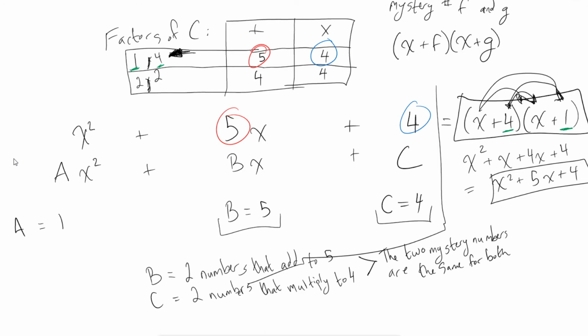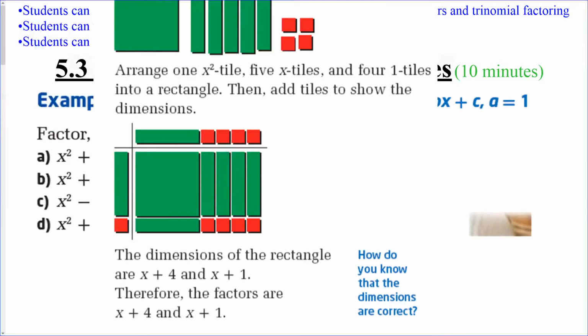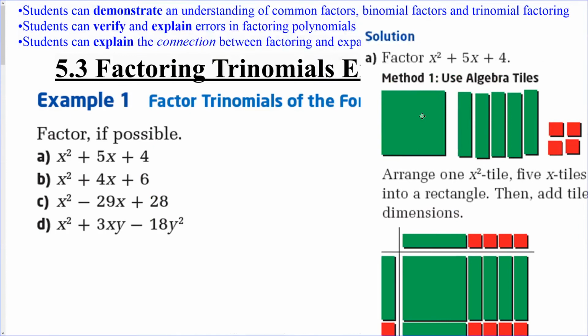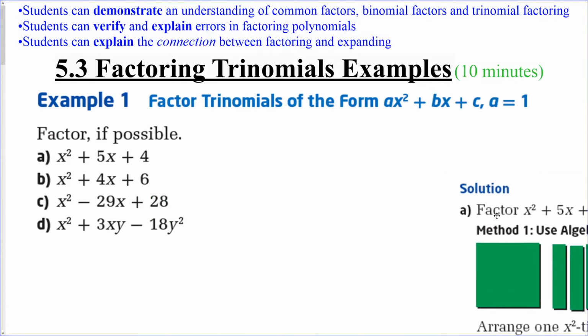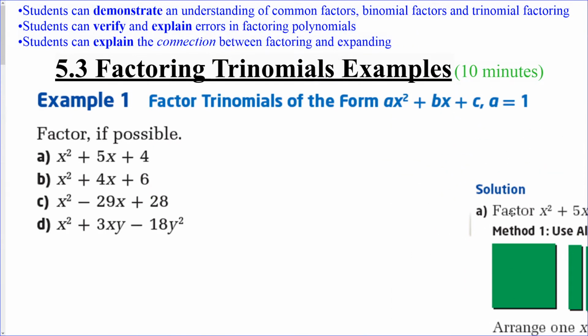Whew. Hopefully I haven't totally lost you here. So let's try to go maybe a little faster, not much faster, just a little bit faster for the next one. The next one says we have x squared plus 4x plus 6, and I need to factor this.